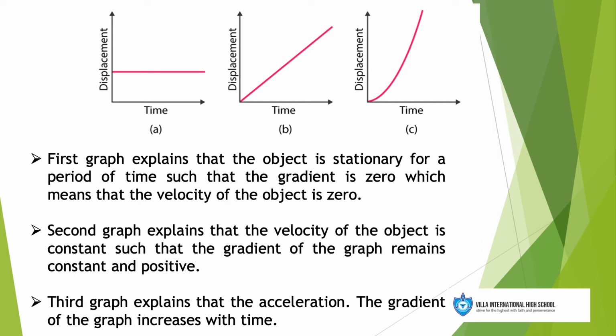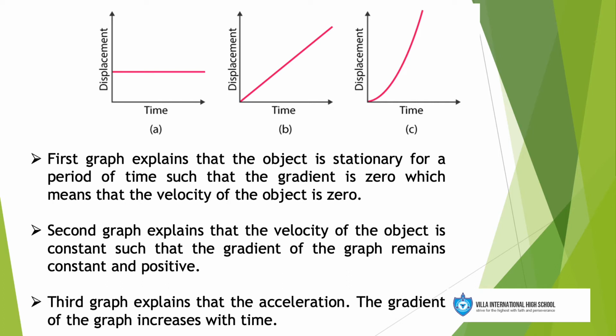So we can explain the second graph by using that. The third displacement time graph, here the gradient is positive, which means that there will be a positive velocity.